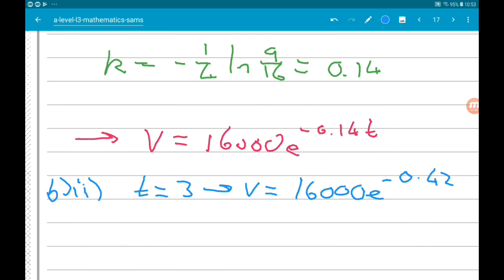So that is going to give us 10,512.7, so I'm going to round that up to 10,513.